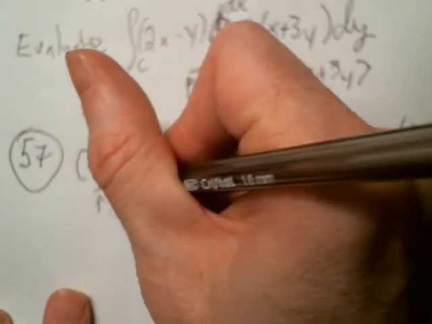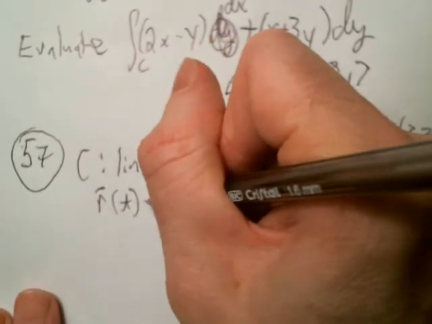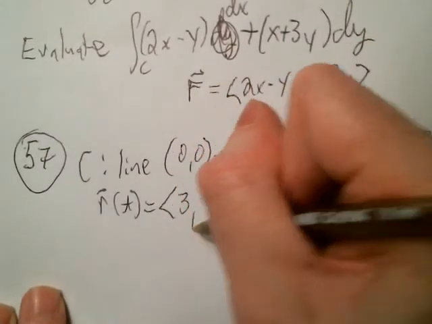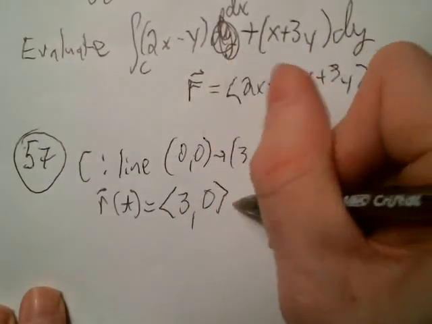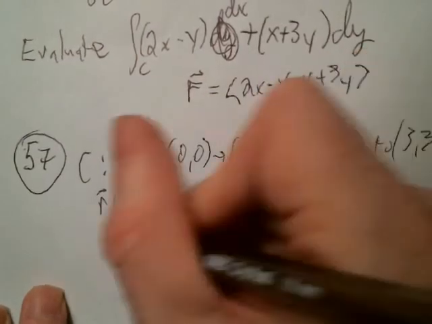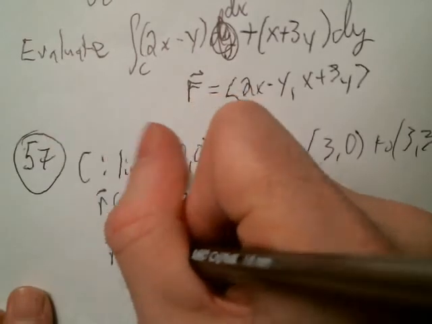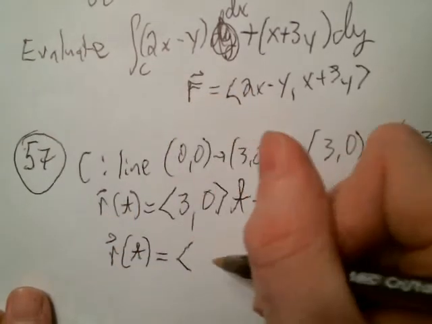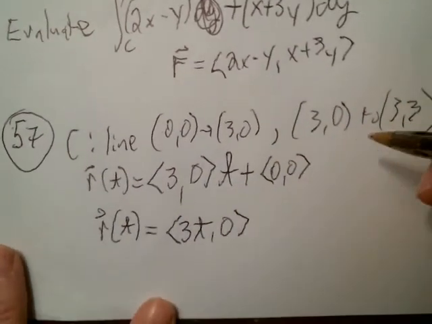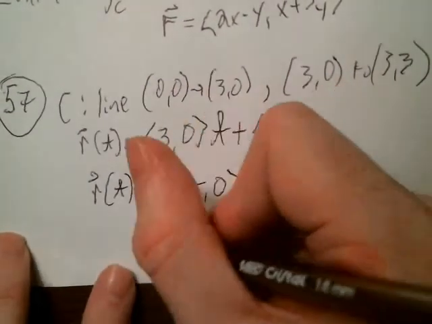So R1 of t is going to be, as usual, get a slope. So 3 minus 0 is 3, and then 0 minus 0 is 0, times t, plus the starting position, 0, 0. So my first equation is 3t comma 0, and I can vary the parameter from 0 to 1.